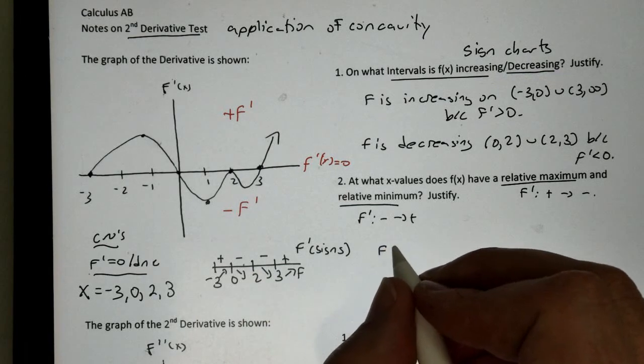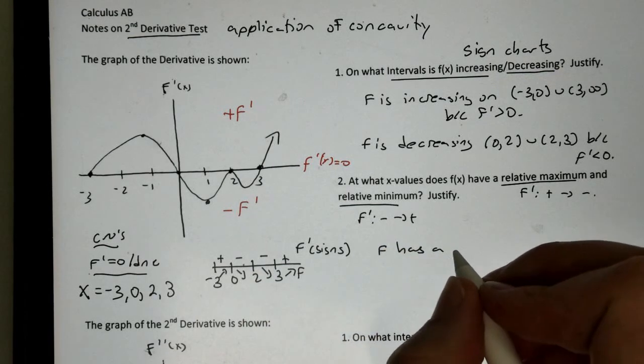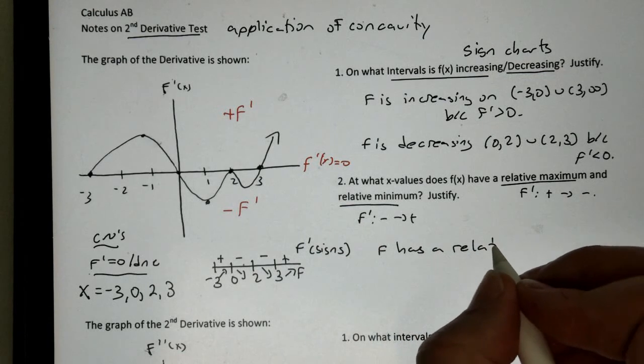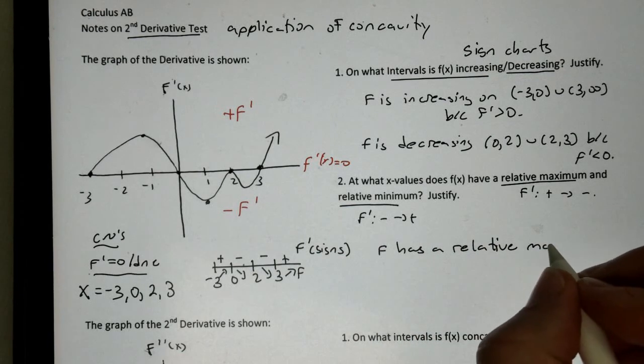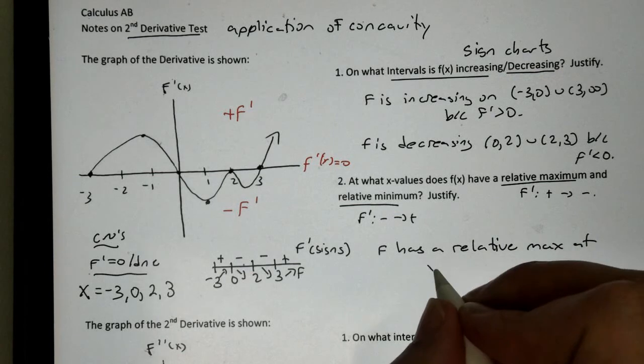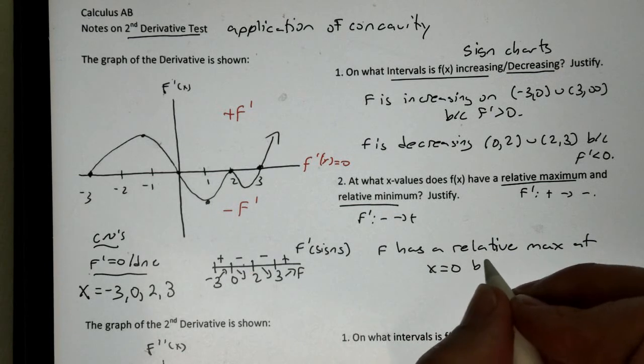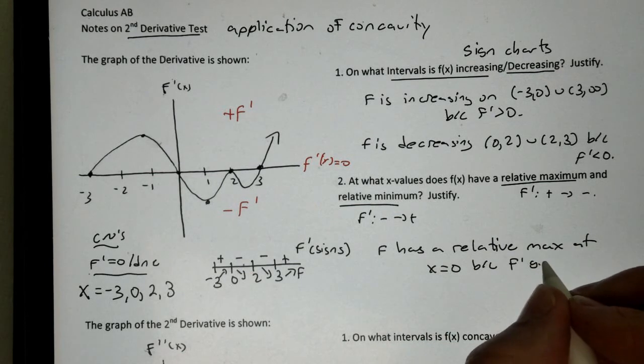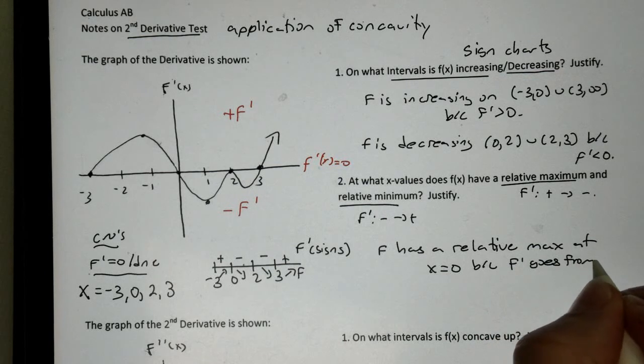So we can say F has a relative maximum at x equals 0, and that is because the derivative goes from positive to negative.